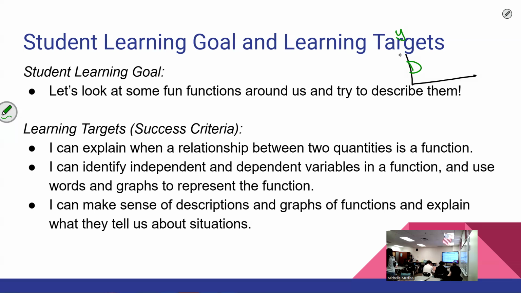So our dependent variables are y values, our independent variables are x values. Something that's usually independent is time, for example. Time is almost always on the x-axis. Whatever goes on the y-axis has to be what depends on the x, okay?